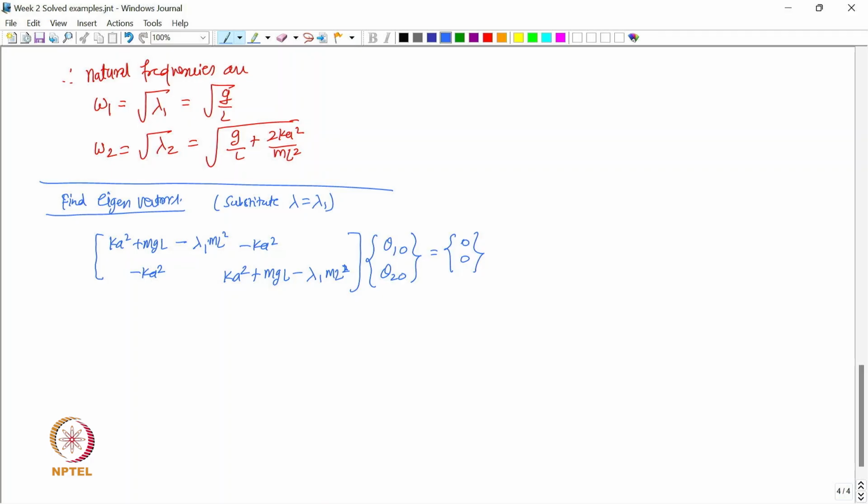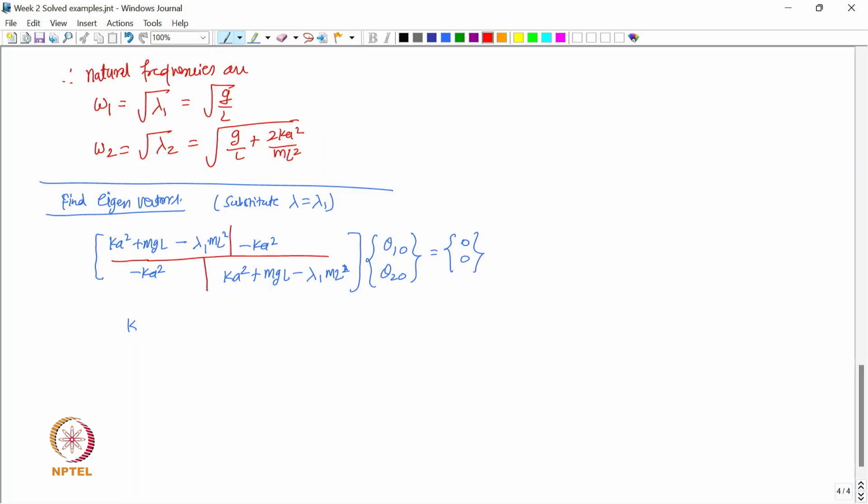If you multiply the matrix and the vector, you should remember that these are the matrix elements.